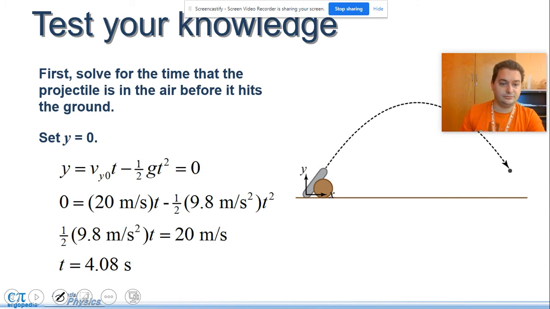So it's your time in the air. Now, hold off on that number there, but your time in the air should be 2.04 seconds if you do 20 divided by 9.8. That may give you a much more complicated way of doing that problem.